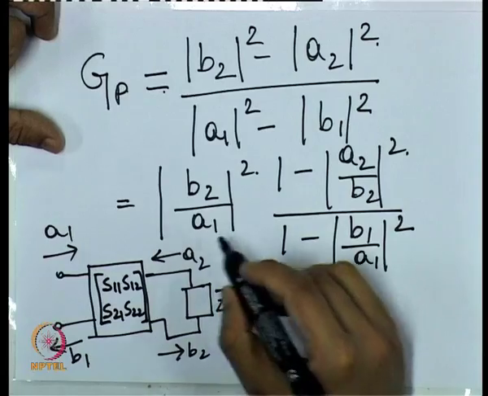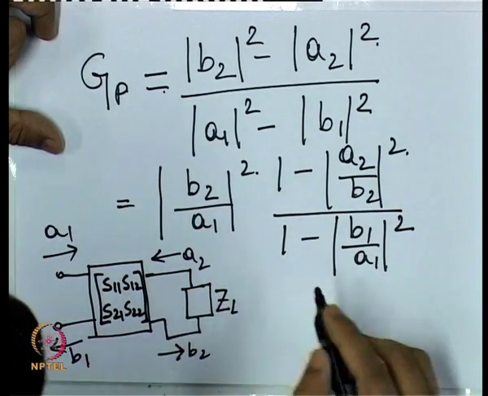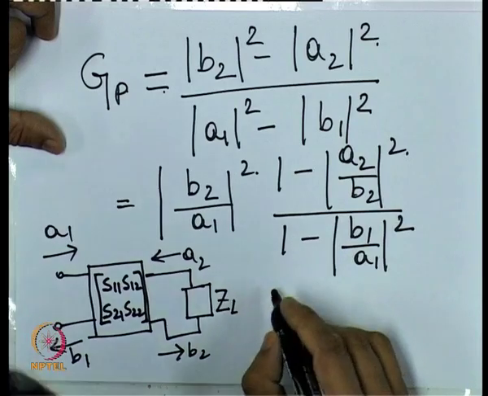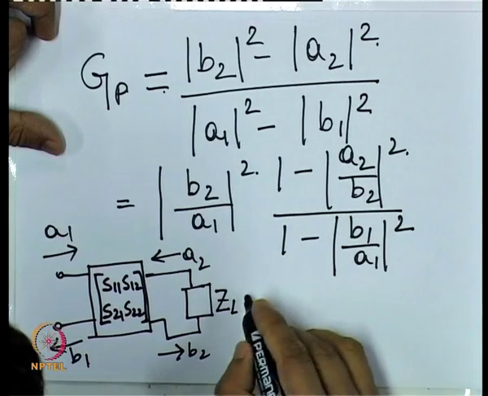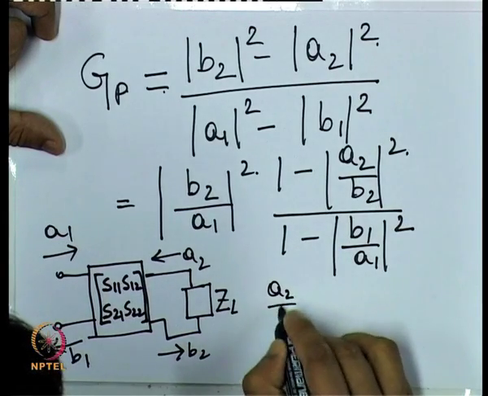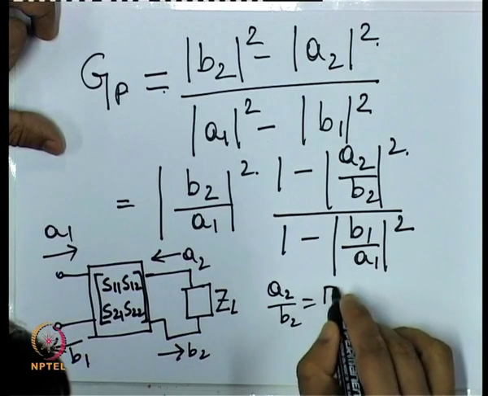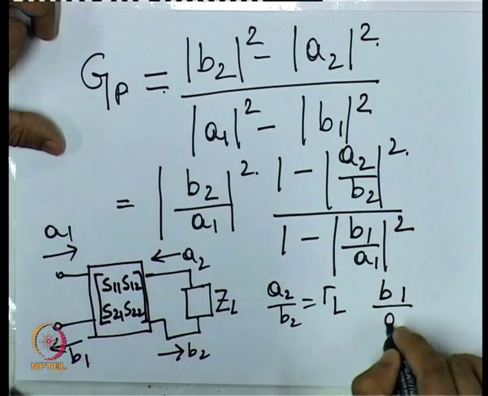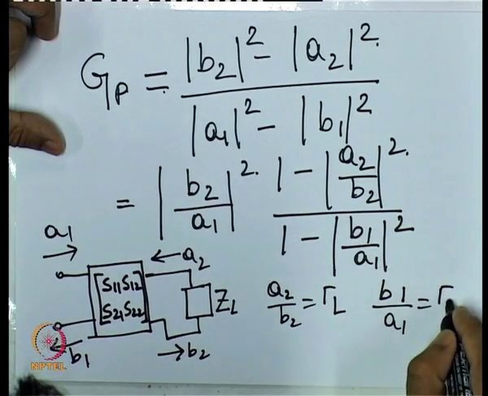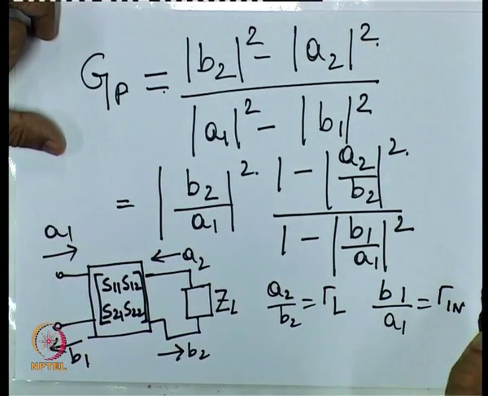What is this A2 upon B2? A2 upon B2 is nothing but gamma L, and B1 upon A1 is nothing but the input reflection coefficient.